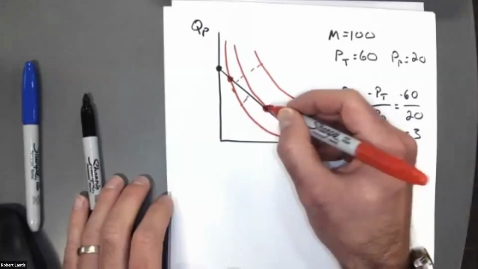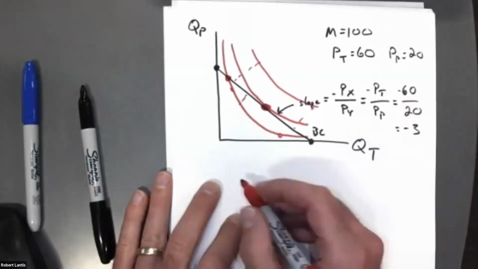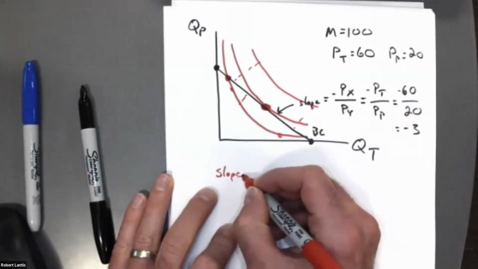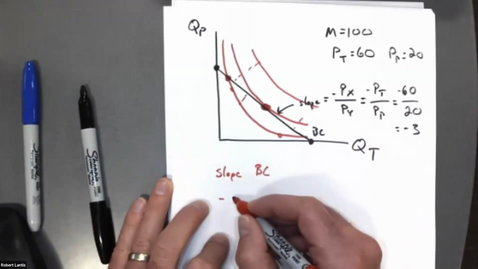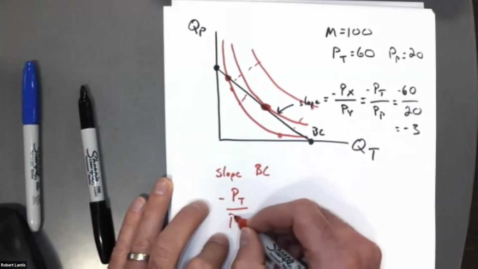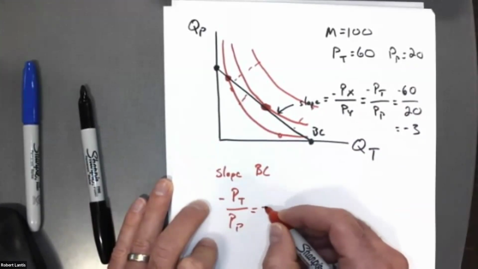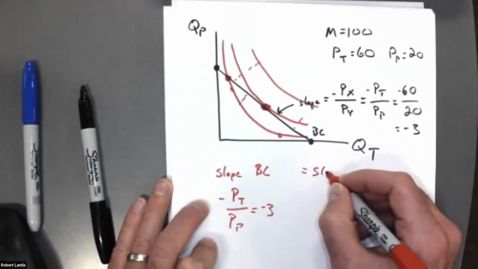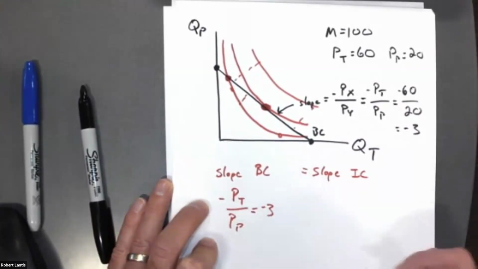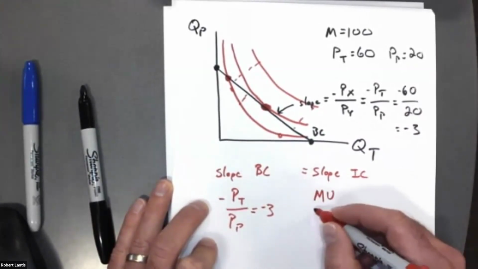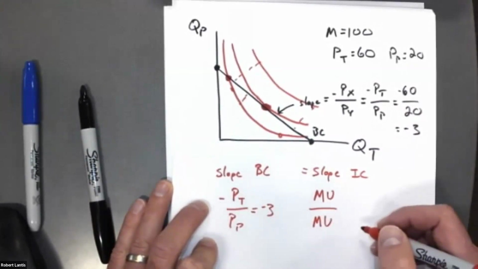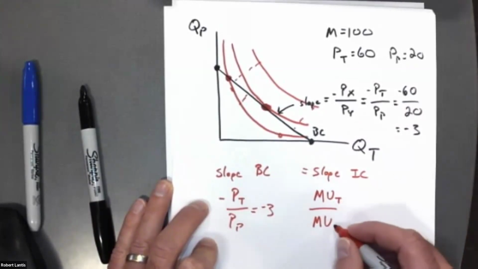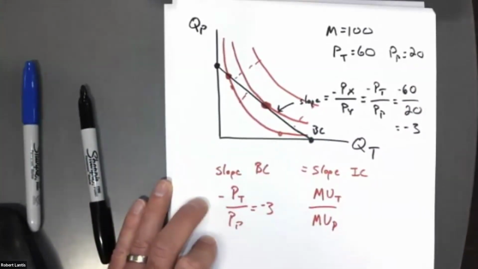So this will be our consumer optimum. And what we said is that the slope of that budget constraint, the price of our textbooks over the price of pizza, which we said was -3, should be the exact same at that point as the slope of our indifference curve, which is going to be the ratio of the marginal utilities of both goods, and it's still the X good over the Y good.